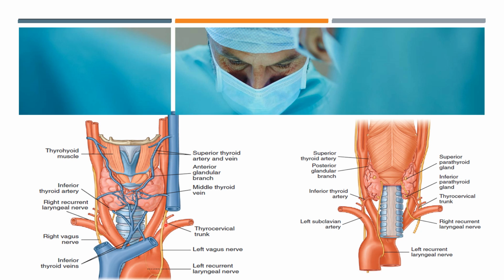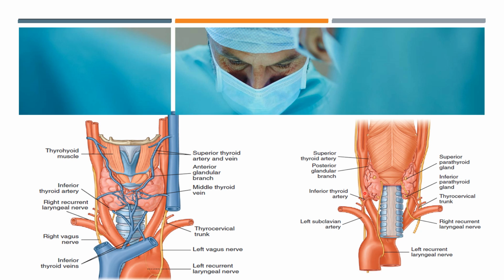So sometimes, by mistake, when the surgeons ligate the inferior thyroid arteries, they ligate as well the recurrent laryngeal nerve, and they cut this nerve. Unfortunately, if this nerve is damaged during surgery, it will lead to paralysis of some of the muscles of the larynx. It can be unilateral or bilateral.